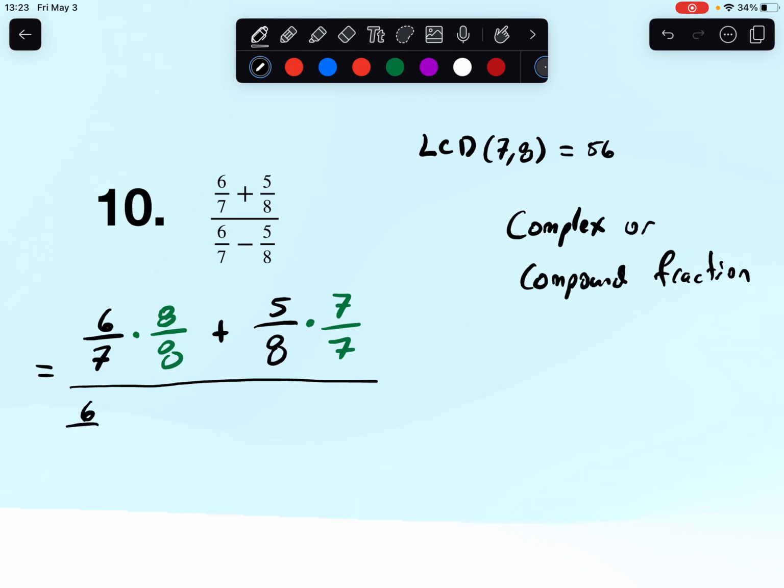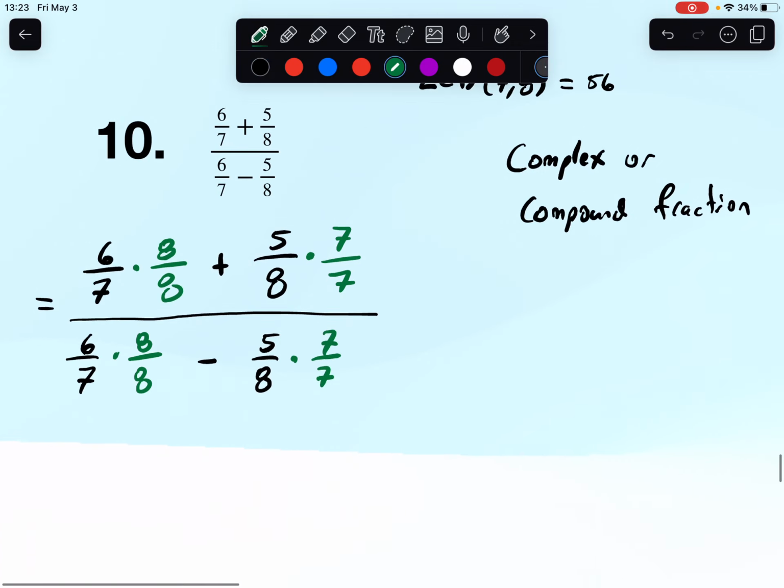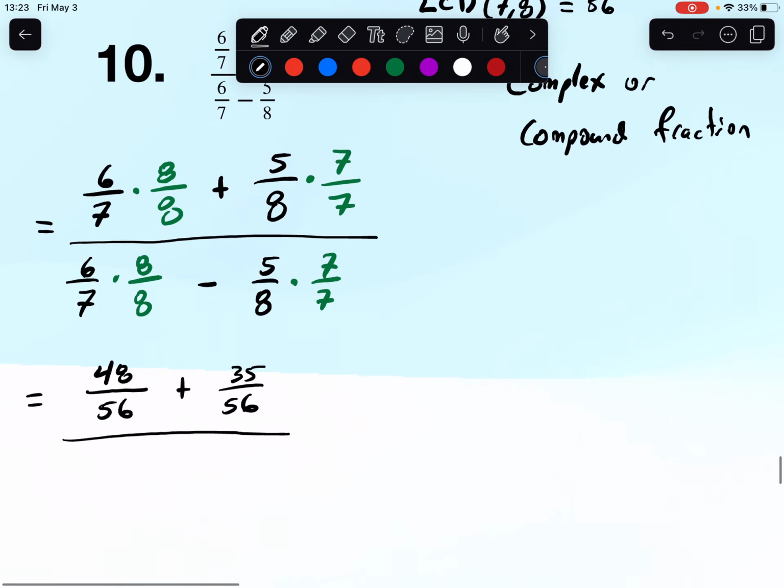So 6/7, multiply by 8 over 8, and then minus 5/8, multiplied by 7 over 7. Then we're going to have 48 over 56 plus 35 over 56, divided by 48 over 56 minus 35 over 56.